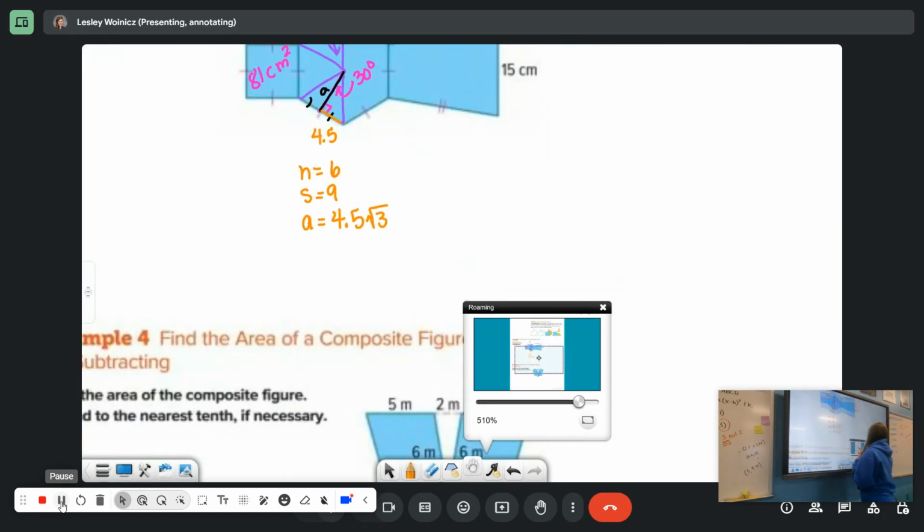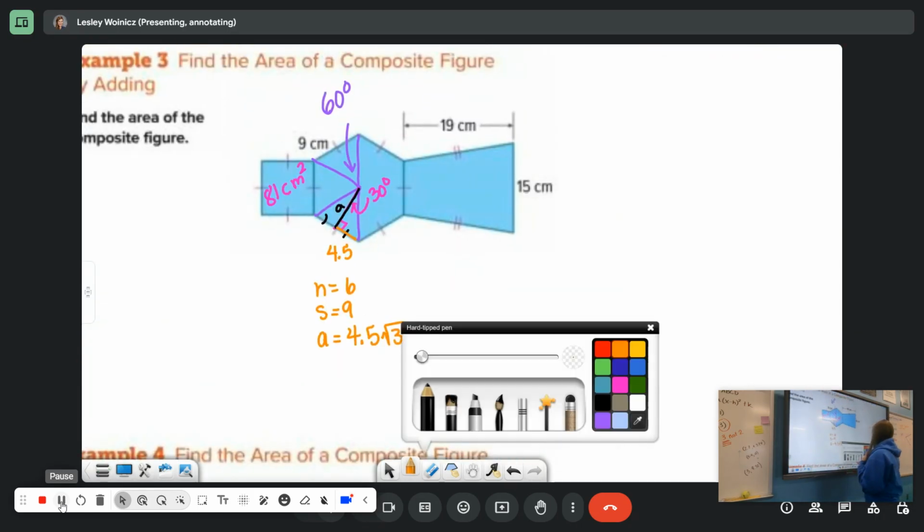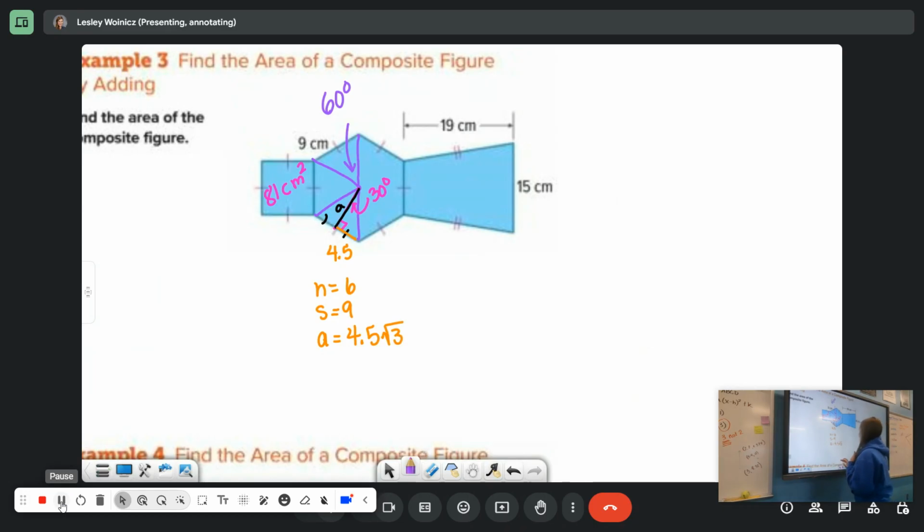So the area for my hexagon is 1/2 times 6 times 9 times 4.5 root 3. Ew.